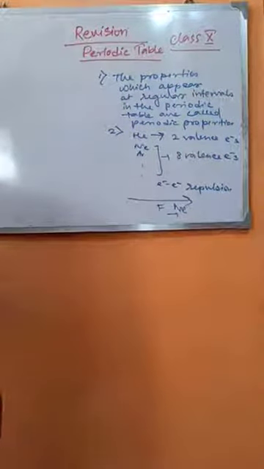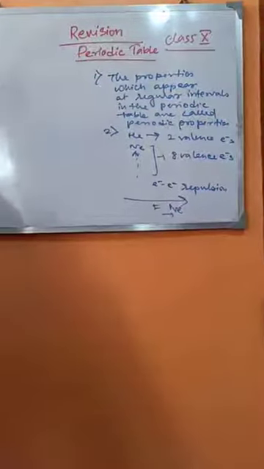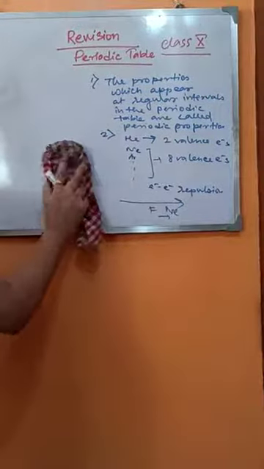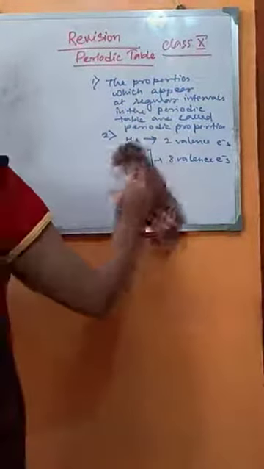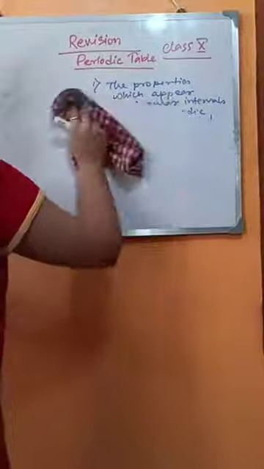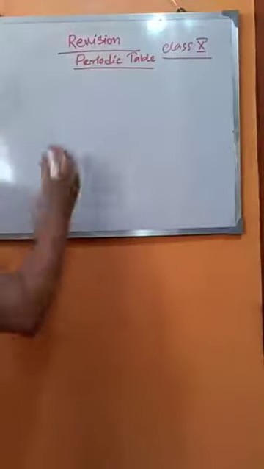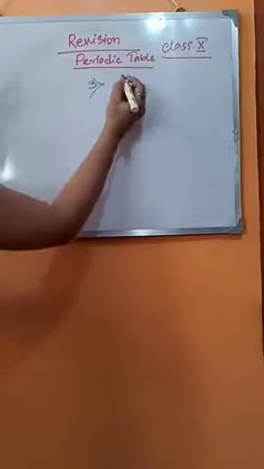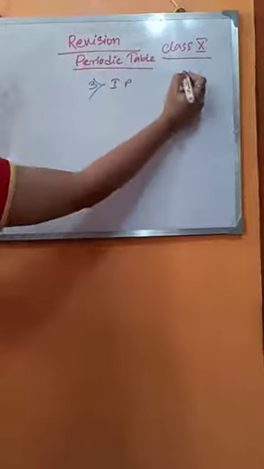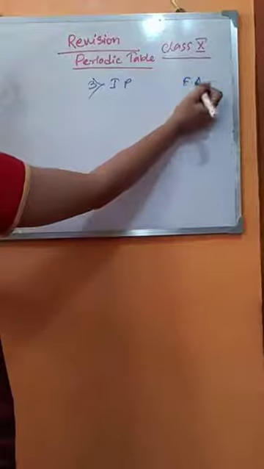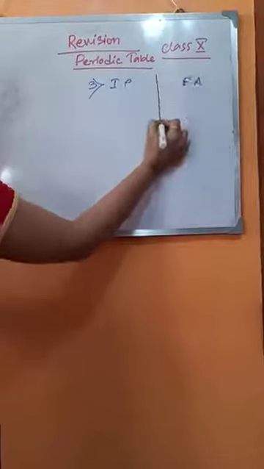Okay. Your next question is, differentiate between ionization potential and electron affinity. So, ionization potential, electron affinity. Differentiate means you have to write in the column form.